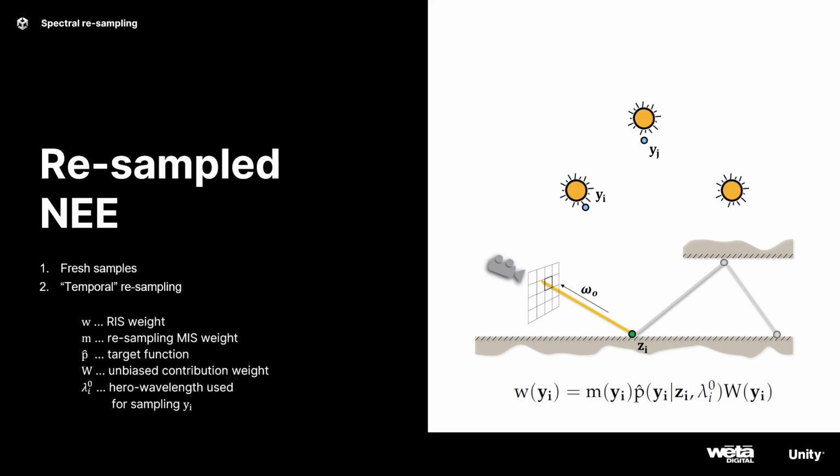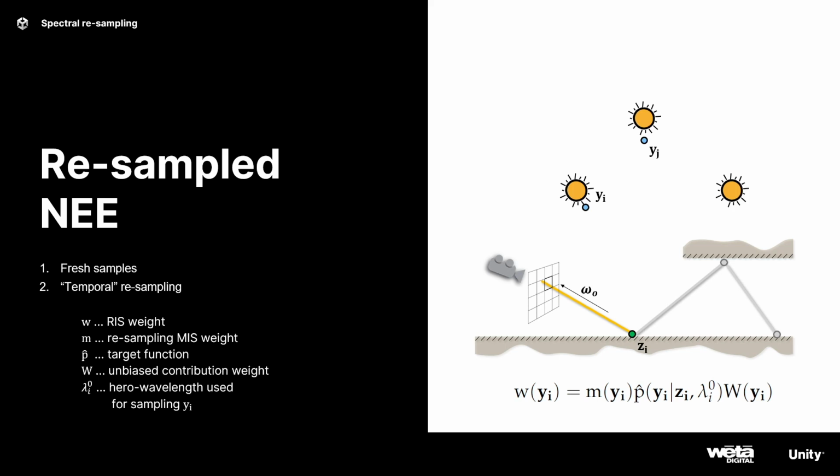And to be able to resample yj and yi, that is, now these are our two proposals, we need to determine resampling weights for each of them. So the resampling weight for yi is the product of the so-called resampling MIS weight m, the target function p hat, and an unbiased contribution weight w for that given sample yi.